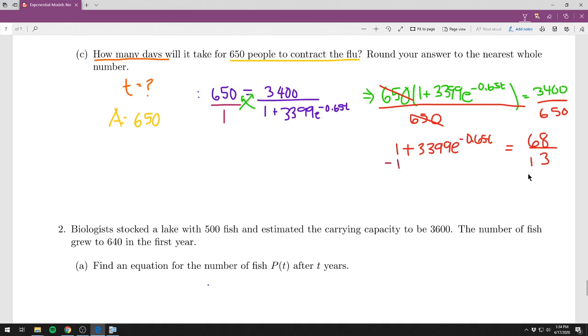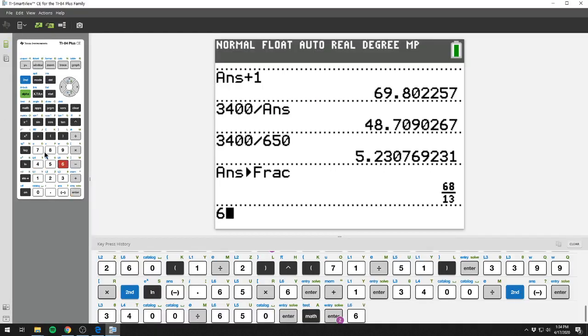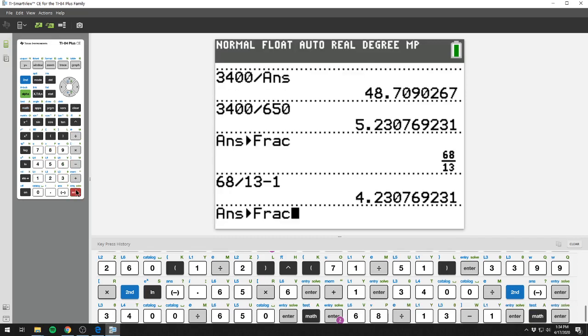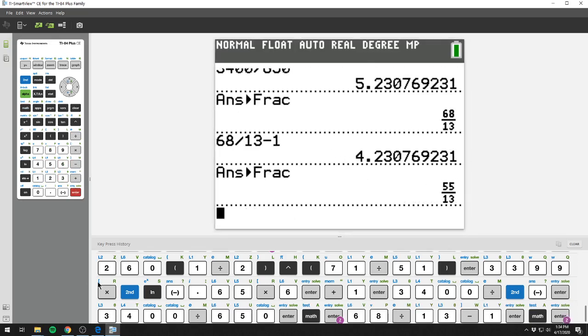We can now subtract the 1 from each side. That goes away. We get 3399 e to the negative 0.65 t equals 68 over 13 minus 1. For the sake of room, I'm just going to do this in the calculator. We get 68 over 13 minus 1. Keep it as a fraction, and you'll get 55 over 13.